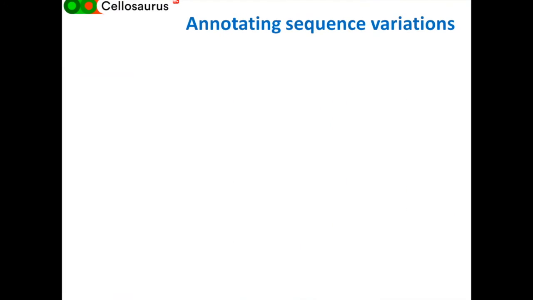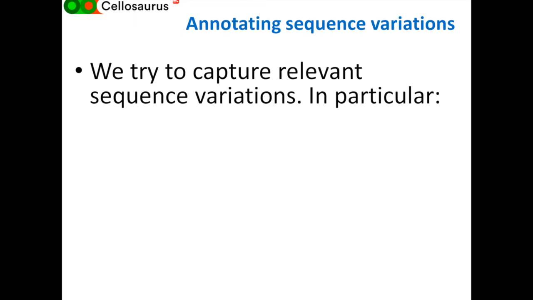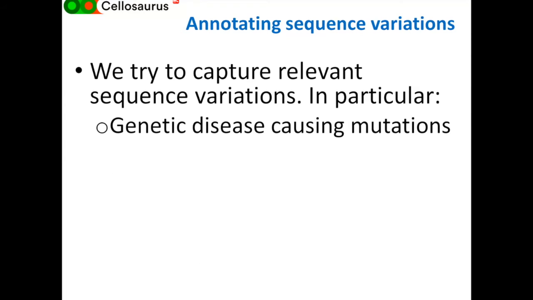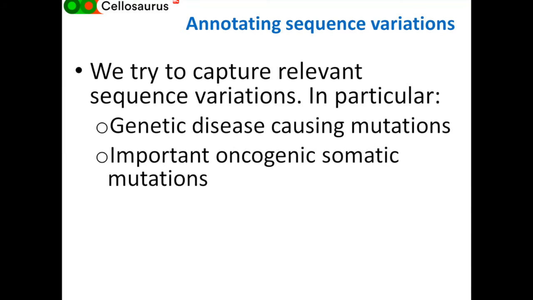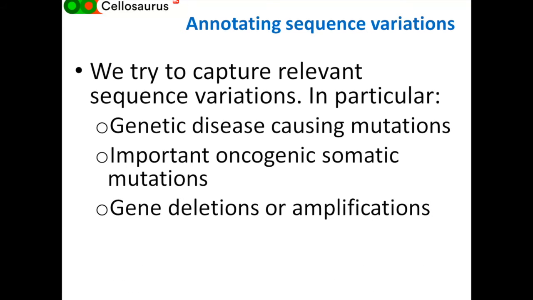Now here is the important part on sequence variation, because if we speak about a rare disease, it's important to capture those sequence variations. So we try to capture relevant sequence variation: genetic disease causing mutation, and for cancer, important oncogenic somatic mutation, gene deletion or amplification, and gene fusion.